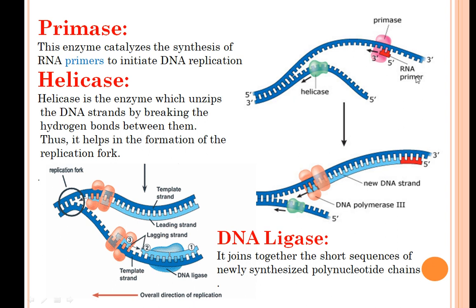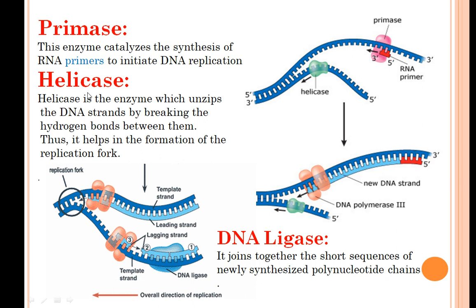A primer is a short RNA segment that is formed on the DNA template before the replication can begin. It polymerizes the complementary RNA building blocks, that is A, U, G and C, in the primer. So it helps to initiate DNA replication. Here you can see primase and the RNA primer.